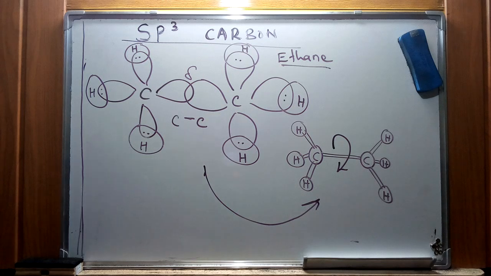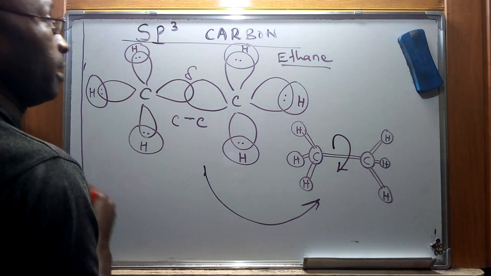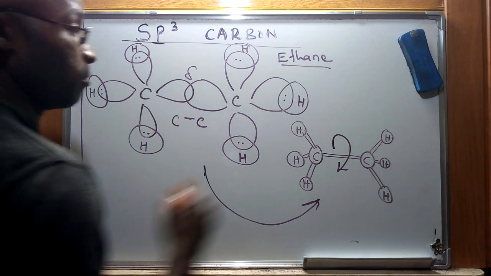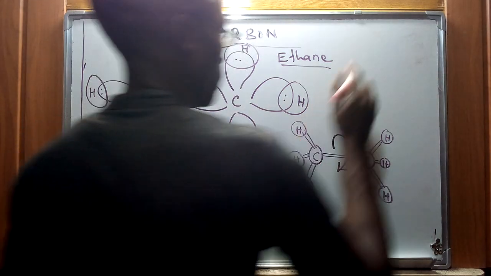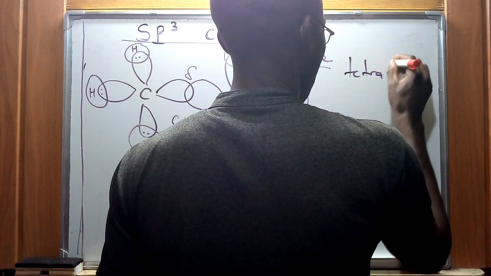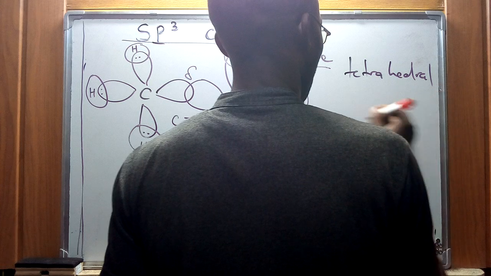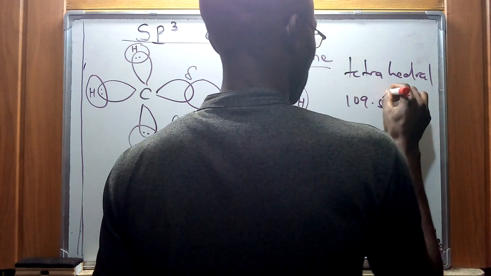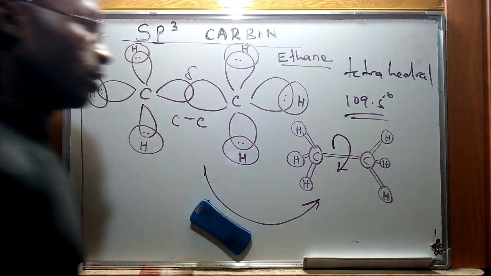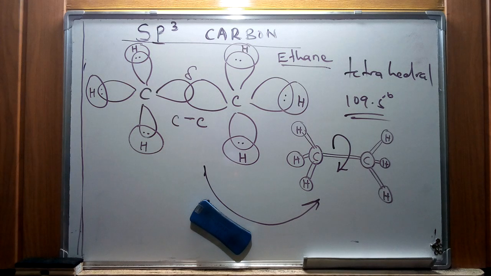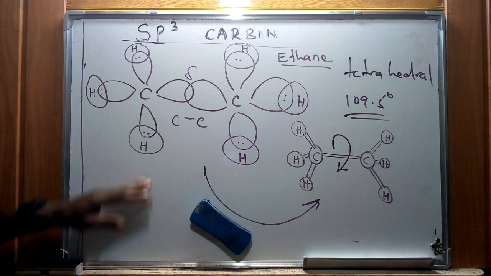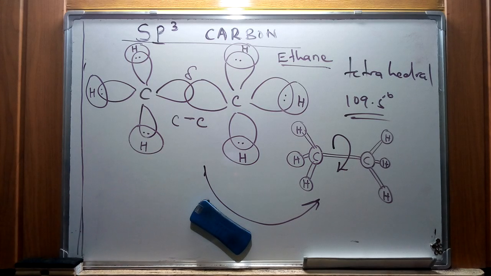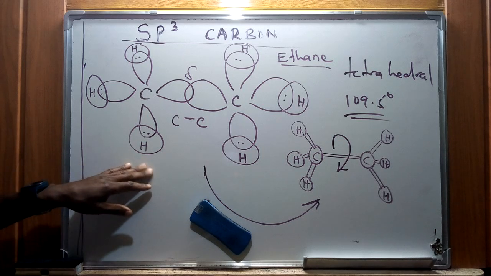Now, of essence for us is to understand that the SP3 hybridized carbon is going to form a tetrahedral structure with a bond angle of 109.5 degrees to ensure that the electron-electron repulsion is minimized. And then, of essence is to understand the concept of promotion of the valence shell 2s orbital, which is promoted to an SP3 orbital.